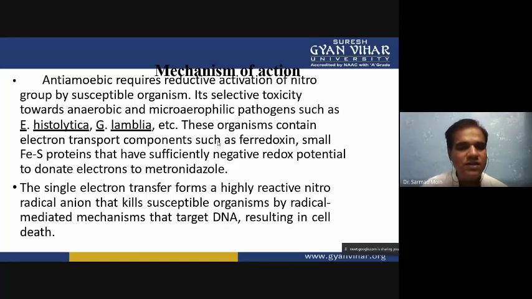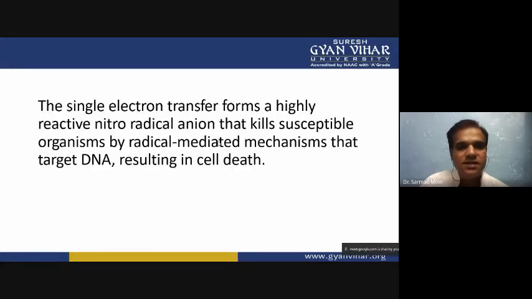So when we are giving any anti-amebic type of drug, especially metronidazole, it will target the DNA, and it will inhibit DNA synthesis and transcription at various levels, so that it will be lethal for the bacteria and protozoa, and the microorganism will start dying.